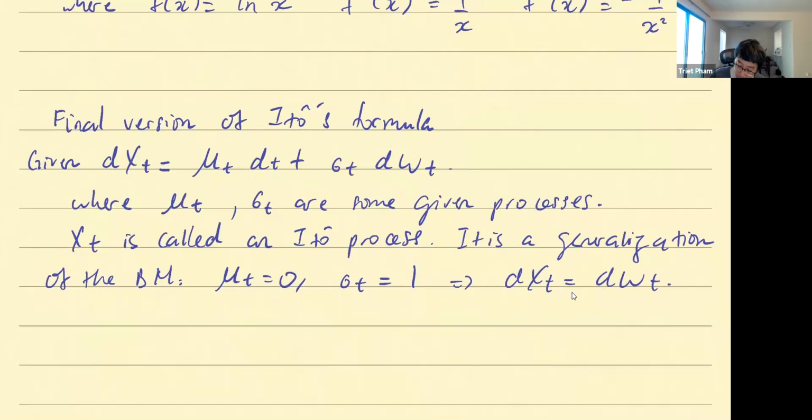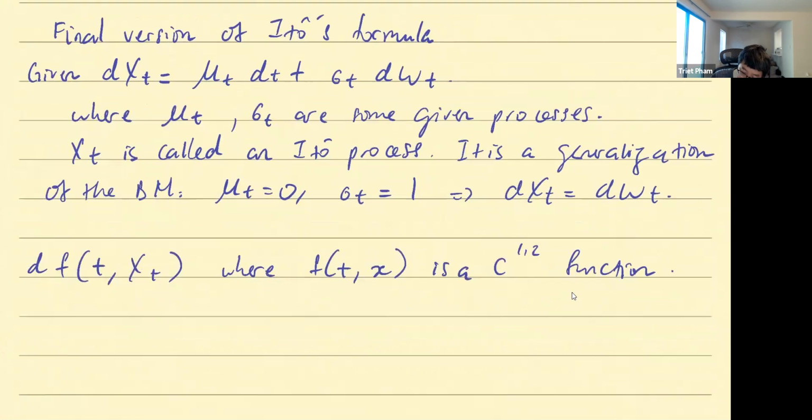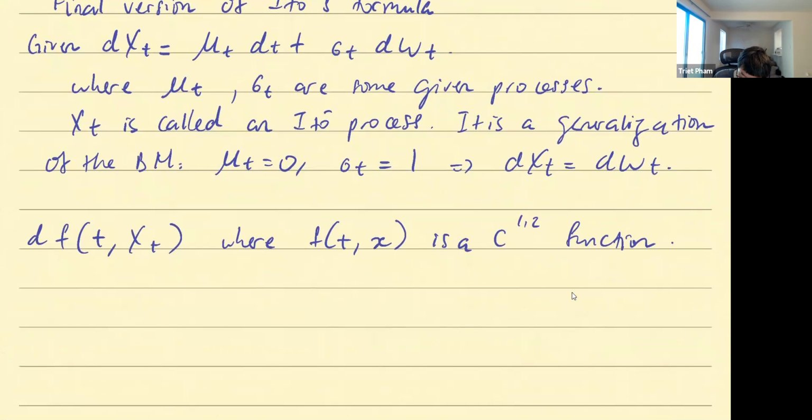All right. So now what we want to do is find the differential of some function of time and x, where f of t, x is a C^{1,2} function. And the formula should not surprise you because it follows very much the same as the previous one.